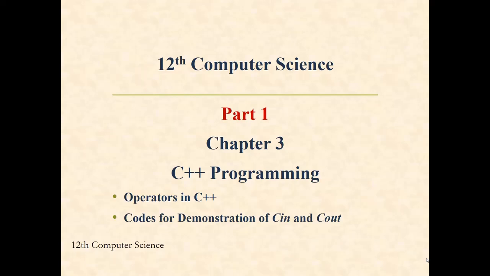Before actually starting with object-oriented programming, we have to discuss some basics, like operators in C++ and how to use cin and cout, which are the objects in the standard input-output library. So we will discuss some code for demonstration of the cin and cout objects.